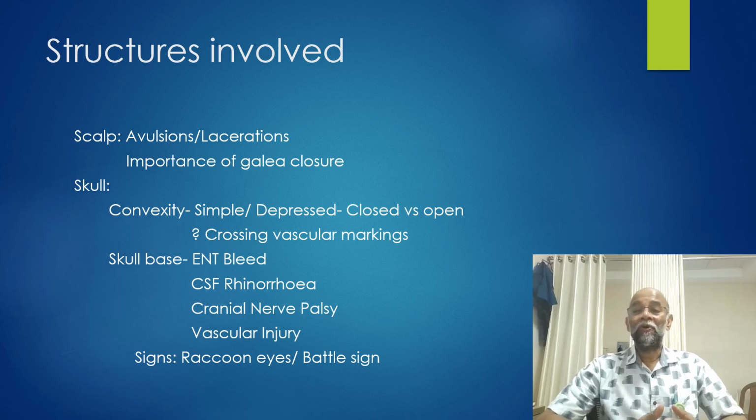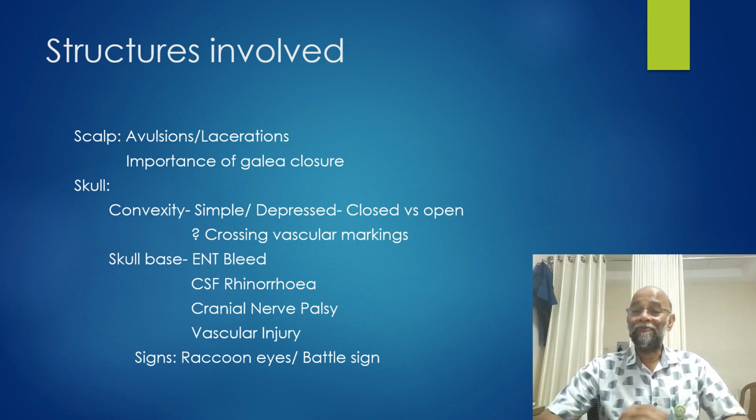This will be corroborated or disproved on a CT scan. If a person has a depressed fracture, then you want to know, is it closed? That is, is the skin over it intact, or is the skin also split? In which case there is a risk of contamination.